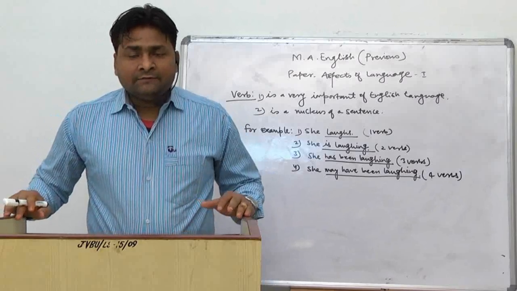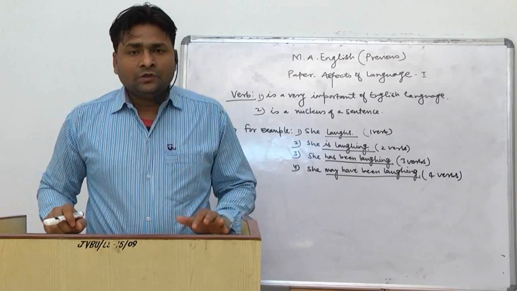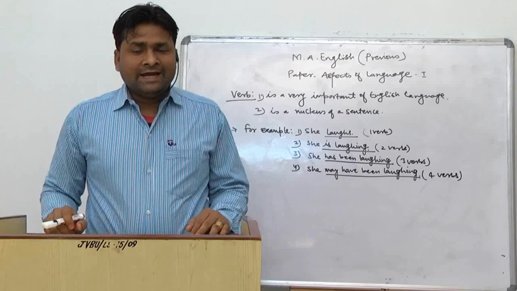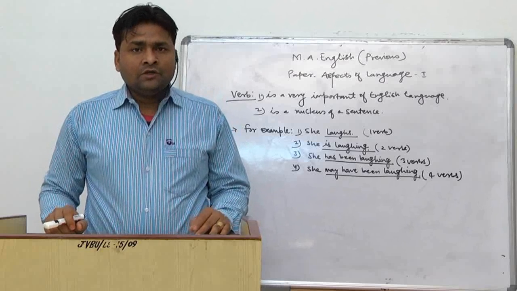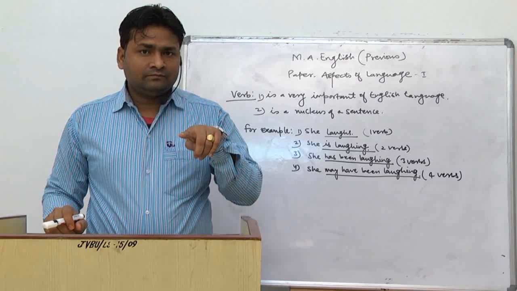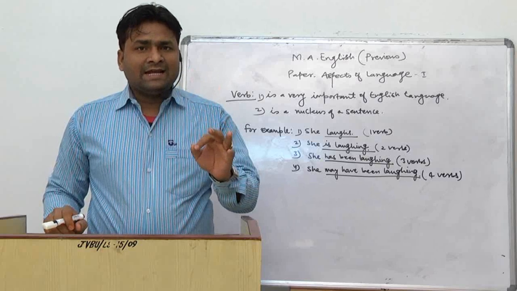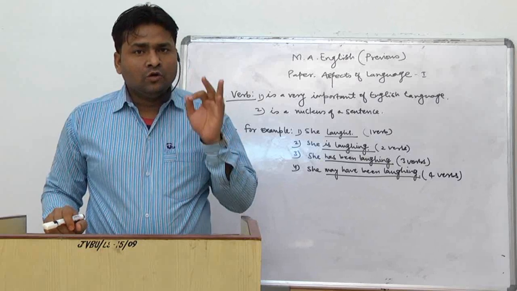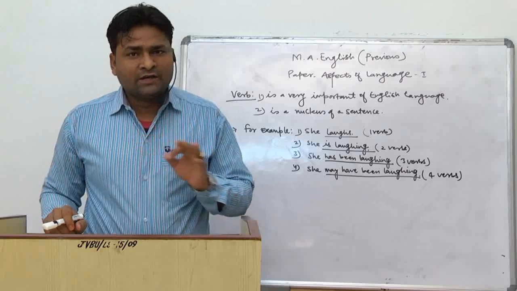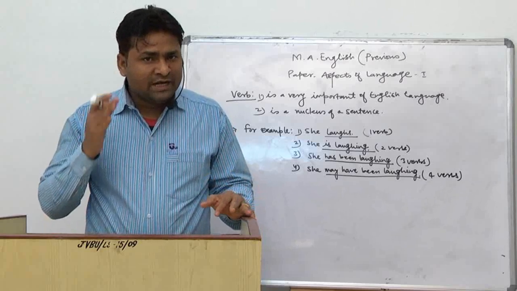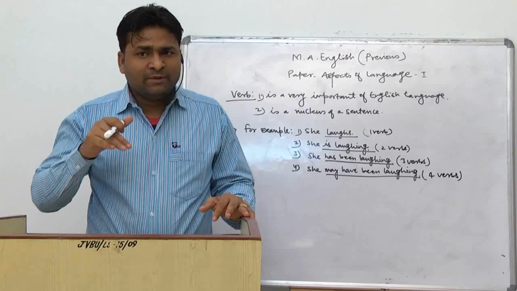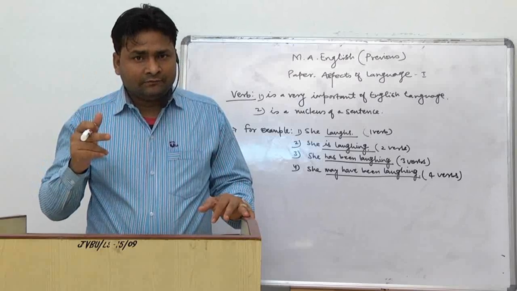It will be very surprising for you to note that in English grammar, in order to make a sentence, you have to use a verb. There is no other way to go. You can't omit a verb. You have to use a verb. It is a need.